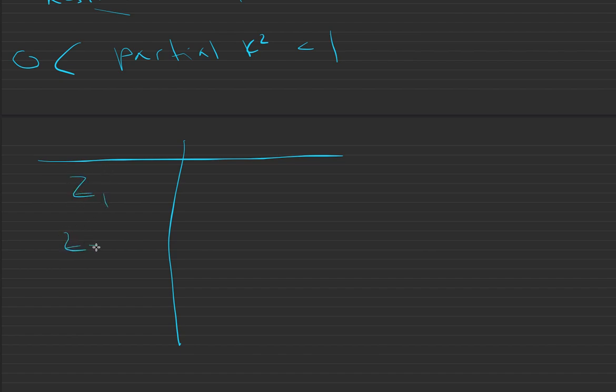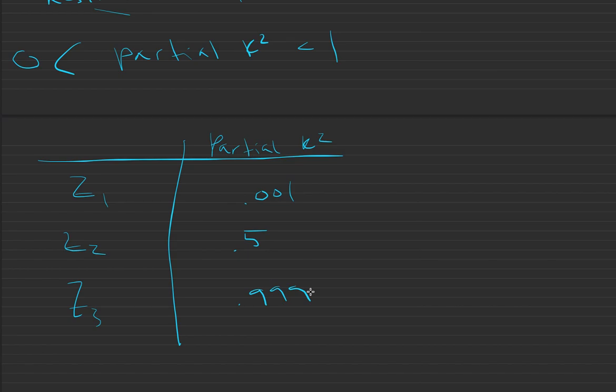Z1, Z2, and Z3. These are our instruments, and then we have the partial R squared. Suppose that the partial R squared for Z1 is 0.001, the partial R squared for Z2 is 0.5, and the partial R squared for Z3 is 0.999.